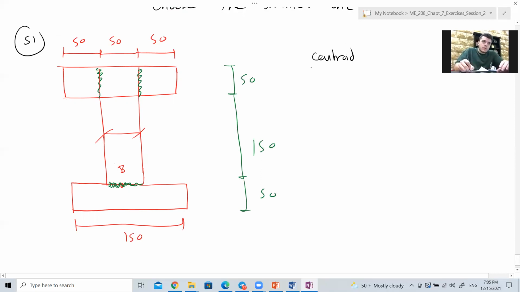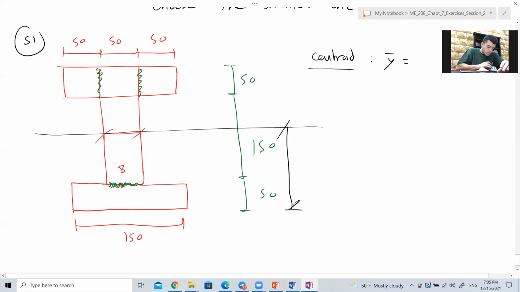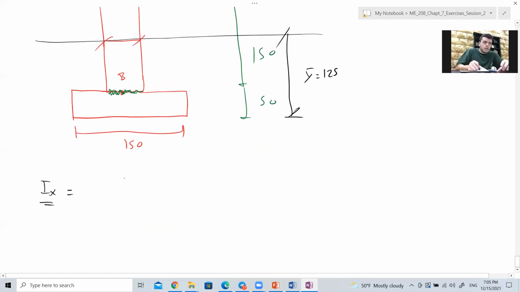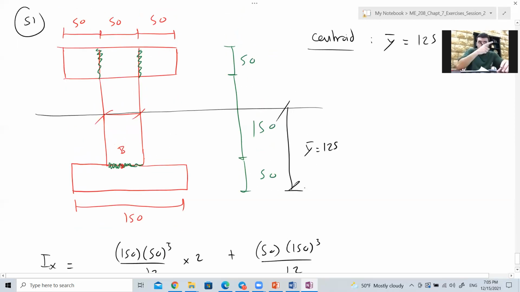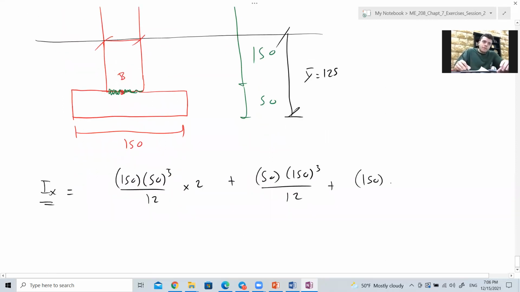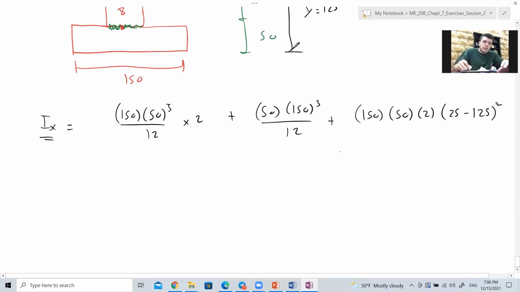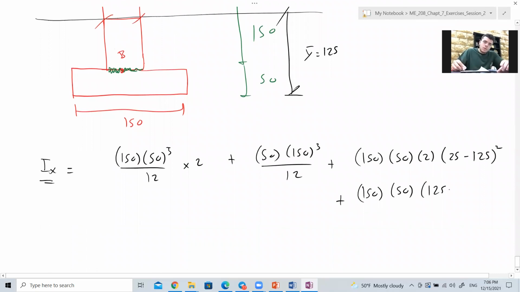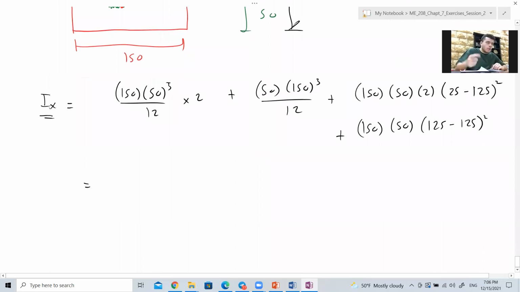Centroid طبعا رح يكون بالنص. يعني y bar is 50 plus 75 يطلع 125. وال Ix equal 150 times 50 cubed over 12 times 2 يعني في منها 2 plus 50 times 150 cubed over 12 يلي هي تبع النص plus 150 times 50 times 2 times 25 minus 125 squared. واخر وحده بتطلع 0 اللي هي 150 times 50 times 125 minus 125 squared. انا عم بعملها بطريقه سريعه، اذا ضعتوا اعملوها مثل ما كنا نعملها.